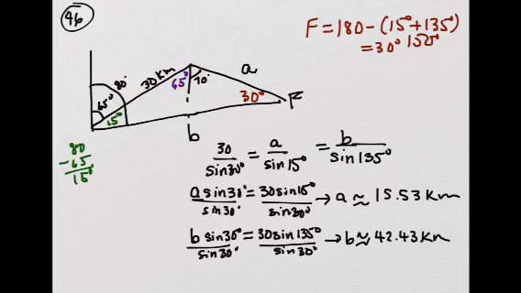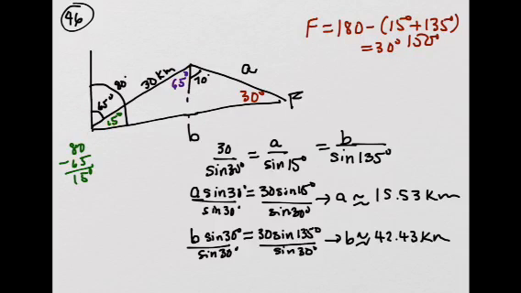This 65 is because this and this are parallel, and so if this is 65, this has to be 65 because this is a transversal. And then for this angle right here, since I already know this is 135 and this is 15, I add it up and subtract from 180, I get 30.